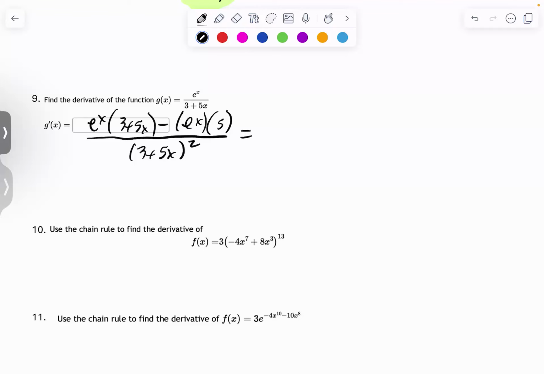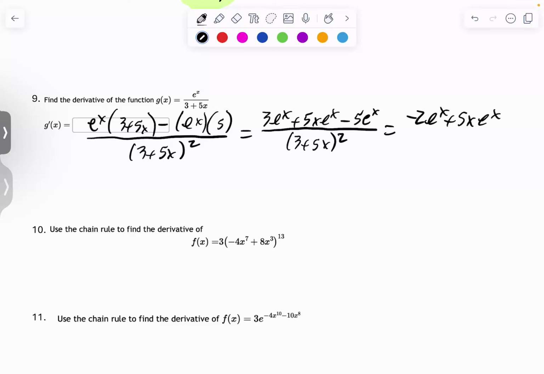And I suppose we can clean that up a little. And it looks like we can combine them for like terms, negative 2e to the x plus 5x e to the x over 3 plus 5x squared. I'll stop there.